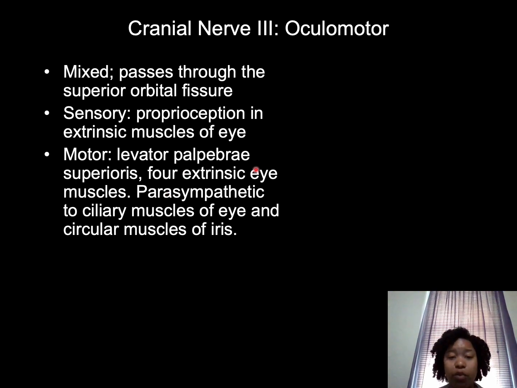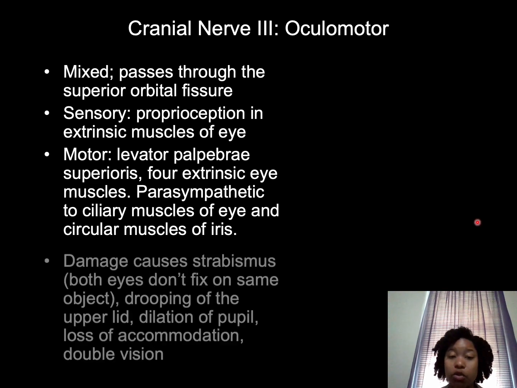So when you see palpebral, it's referring to the eyelids. So that's the muscle that helps lift that. And then four eye extrinsic muscles, and it also innervates the parasympathetic ciliary muscles of the eye and the circular muscles of the iris. So remember, your iris is that inner portion of the eye, helping with constriction and contraction in order to dilate or close those pupils.